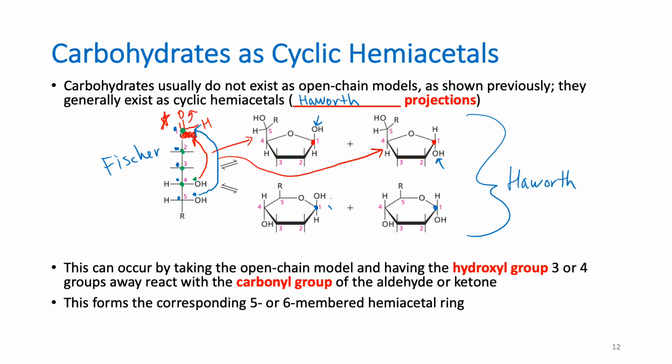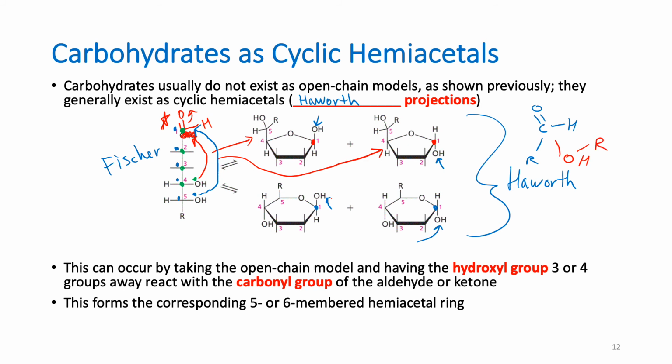The same thing happens here in the 6-membered ring, up versus down. This is going to be defined as the anomeric carbon, and pretty much this carbon, which is number 1 in our Fischer projection drawing, came from the aldehyde. Now let's consider this aldehyde, okay? And let's say you had an OH group come. That's an alcohol, ROH.